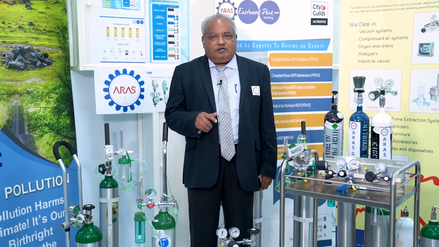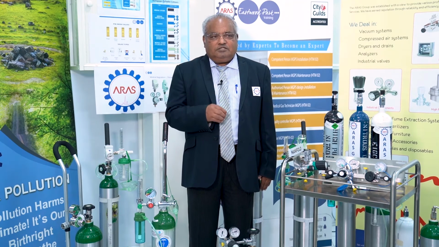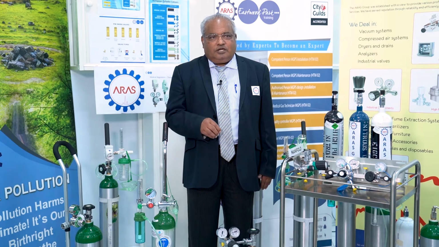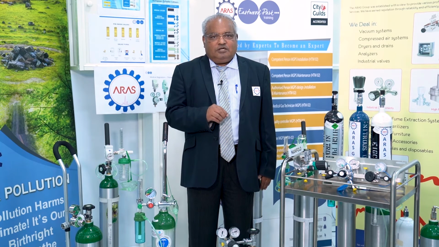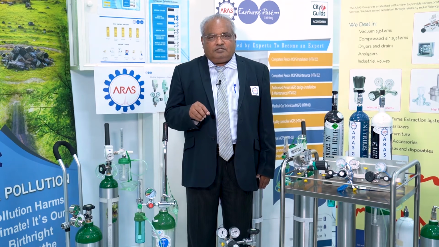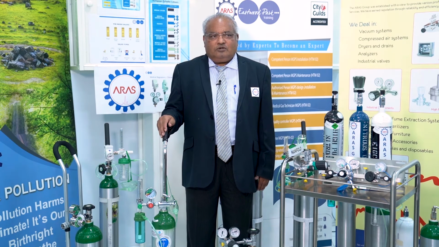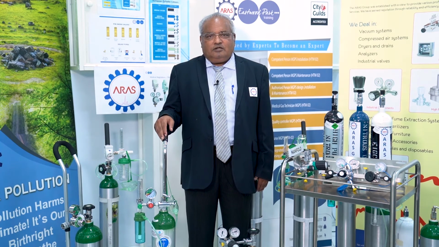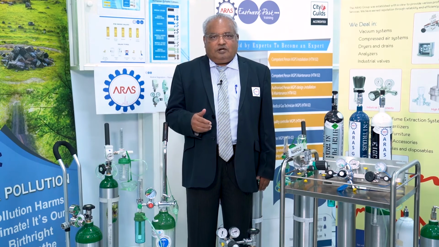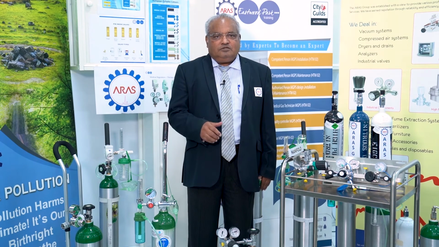When you give 1 liter, 2 liters, 3 liters, the reduction happens inside the cylinder, but you get an indication of how much oxygen is available inside the cylinder, as well as the flow. Whatever the flow the patient needs, every time you use it, the reduction will be there inside the cylinder, and you can watch this through these regulators.